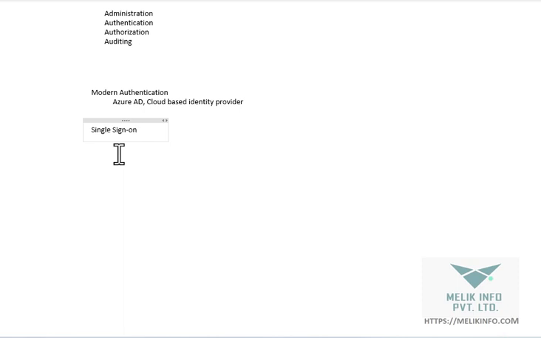With the single sign-on concept, you can log in to multiple servers using the same username and password, or the same credentials. So you can access multiple applications and resources.